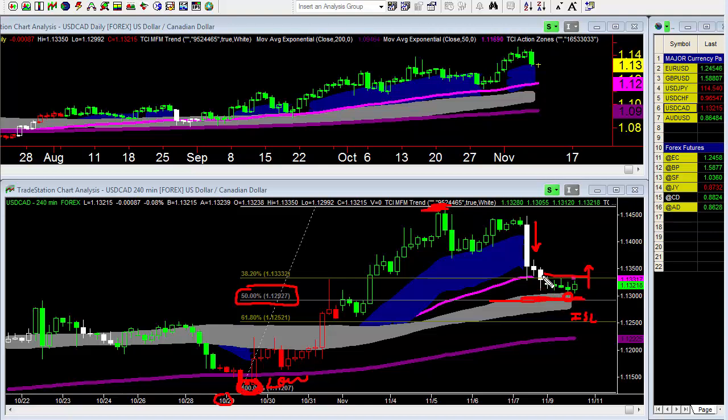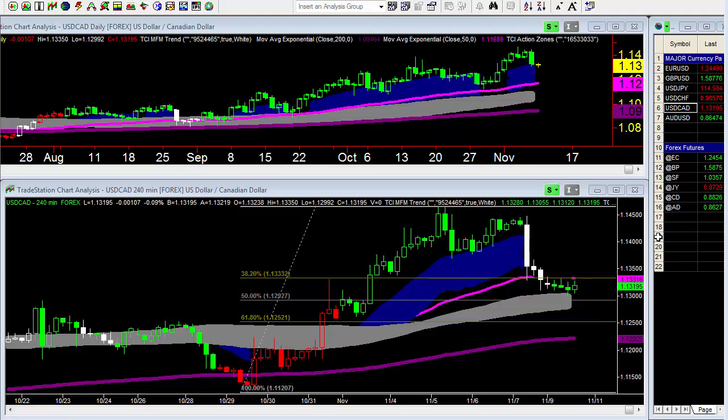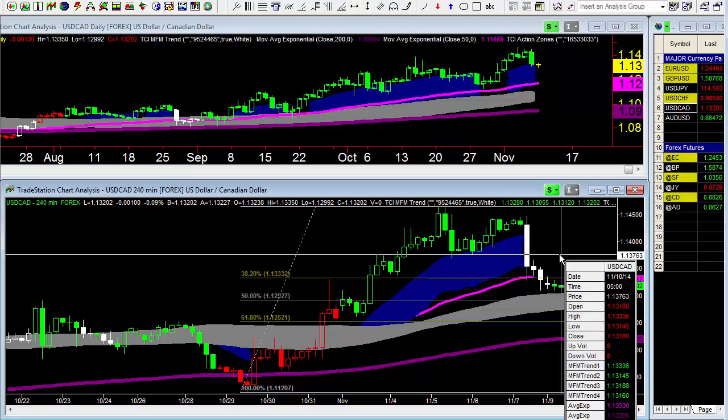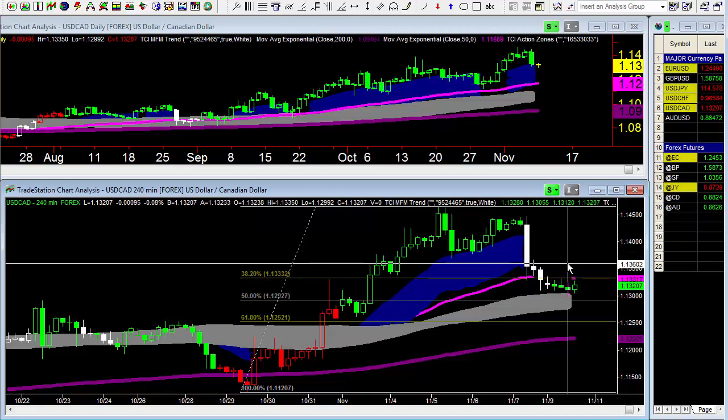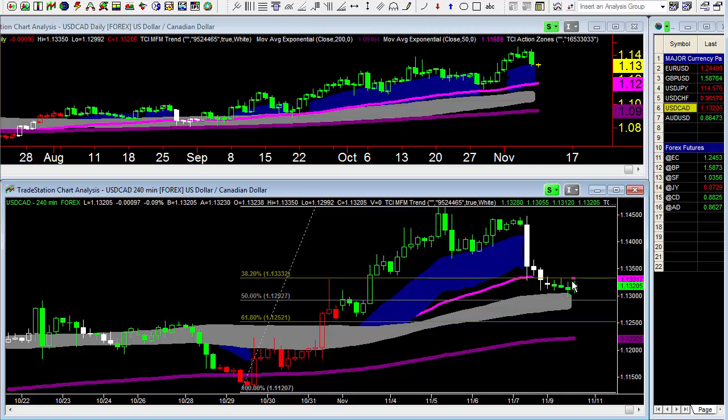So if you haven't put on any trade thus far, then what I would do is wait for confirmation for the market to break up through the high of 1.1333 up to 1.1336. A penetration up through these highs a little bit would confirm that the market should in fact move higher.